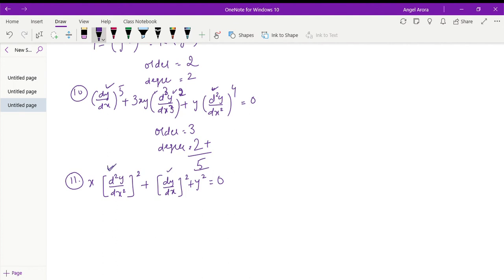This is second order derivative, this is first order derivative. Highest order derivative is of second order. So order of the differential equation will be 2 and degree will be 2 because power is 2. So product of order and degree will be 2 into 2, 4. So this will be the final answer.